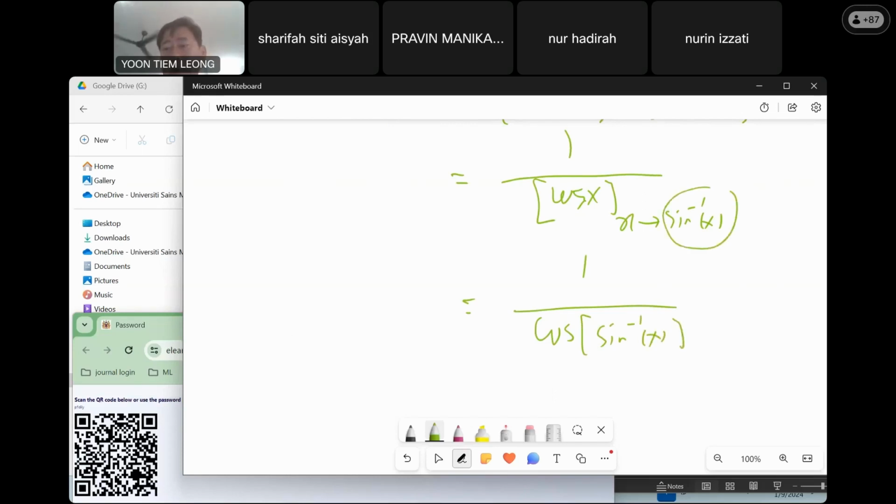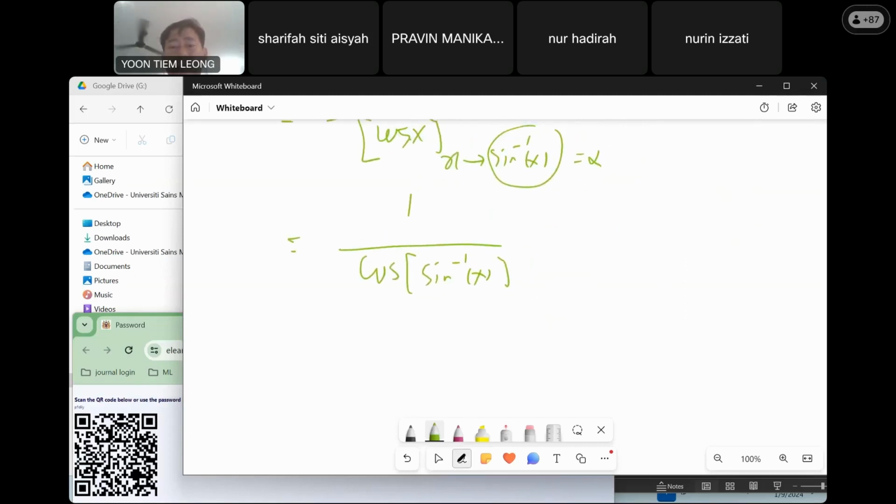So we will call this, say, alpha. Then the next thing we want to do is to figure out the expression of 1 over cos of alpha. In order to do that, we always translate this relationship that involves the inverse sine into the form of a right triangle. This is a very simple trick.